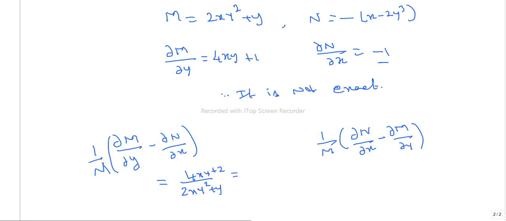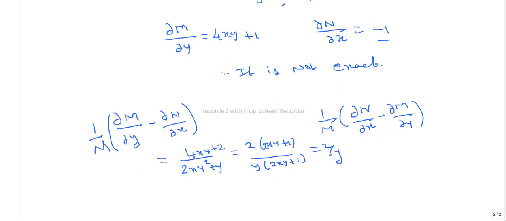We can take 2 out of the numerator, giving 2 times (2xy plus 1). In the denominator we can take y outside, giving y times (2xy plus 1). The common factor cancels, and we get 2 by y. Therefore this is a function of y alone.